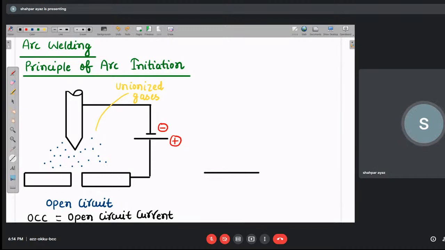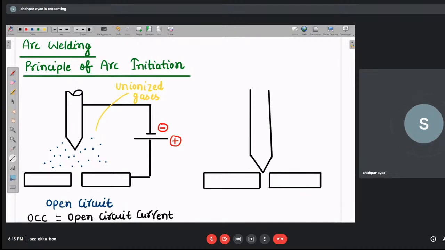See, if you connect the two terminals having some voltage difference, suppose this is the gap, and it is going to get connected like this. Understand this part.